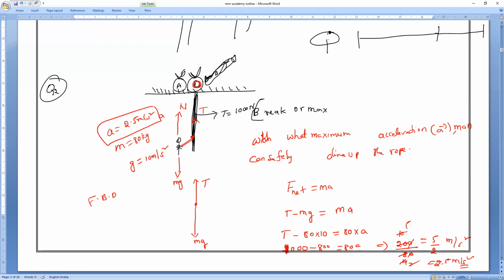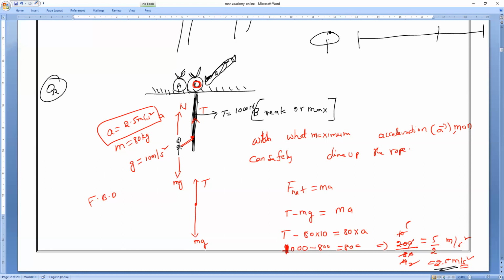That is my question. If a person is traveling with 2.5 meter per second square acceleration, can the person climb safely or will the string break? So he travels with the acceleration 2.5, then there is no break in the string.